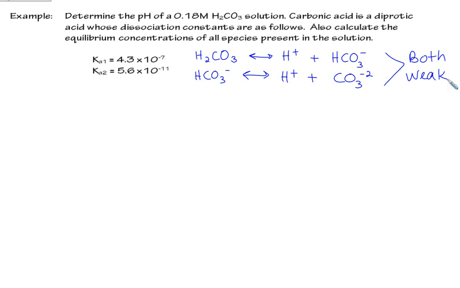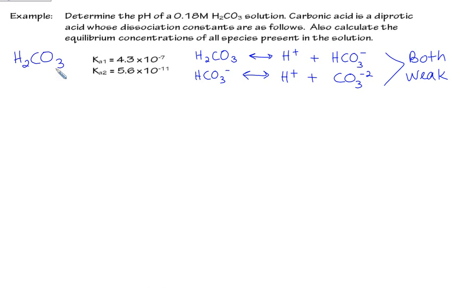The other thing they ask me for is the equilibrium concentration of all species present in the solution. That means what's the concentration of all particles that are present in the solution? Well, since this is a weak acid, we're going to have some of the neutral H2CO3 present.